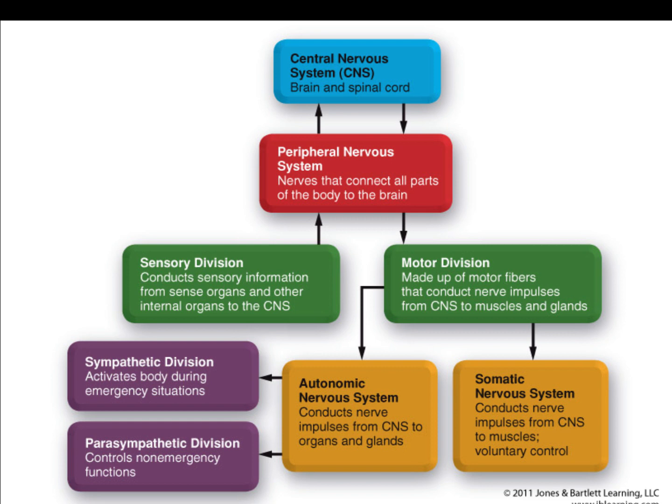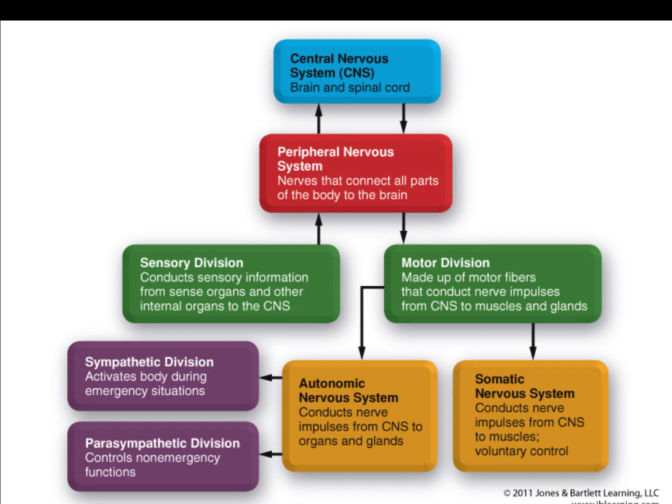All right, the sensory nervous system conducts information from your internal organs back to your central nervous system. So let's say the nerves in my hand, the nerves in my fingertips. I put my hand on a hot stove, okay. That signal instantly goes from my sensory nervous system all the way back to my spinal cord.